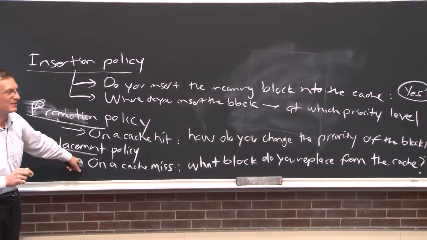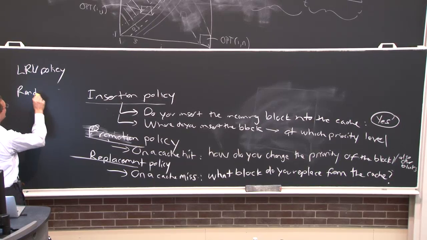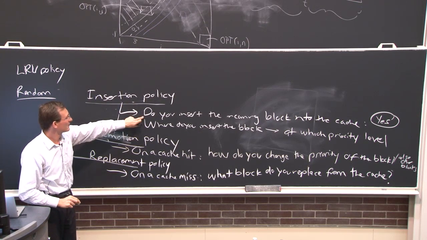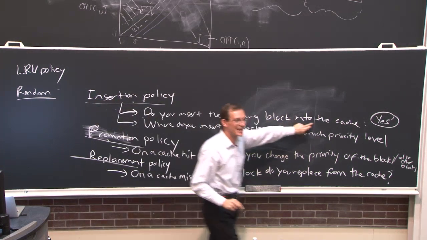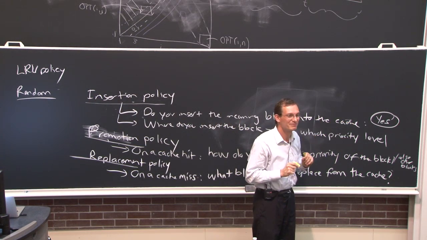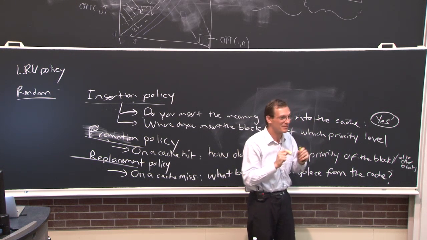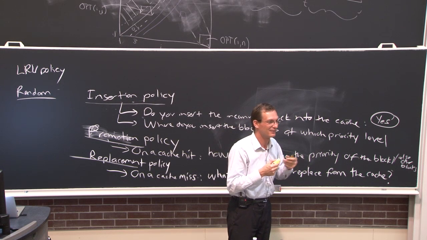Now, you can define a random replacement policy that can decide to insert or not insert. It can randomly decide this question: do you insert the incoming block into the cache? I don't know, flip a coin and decide based on that. That may not be a bad policy in some cases, especially if your cache is thrashing. We'll see that.